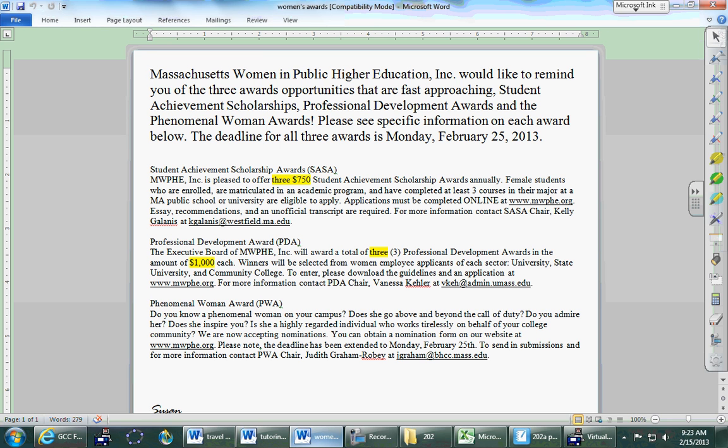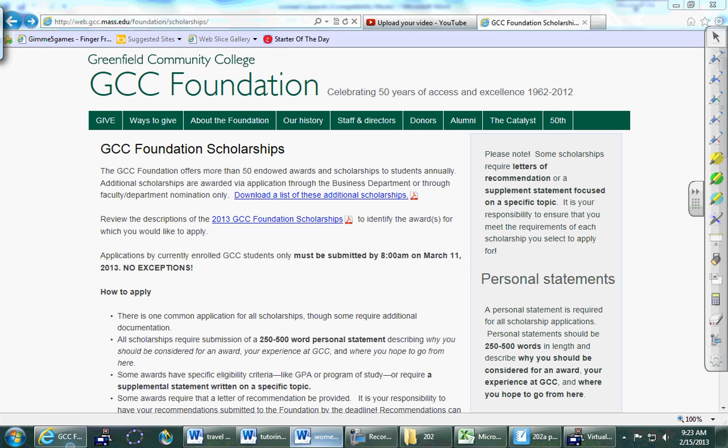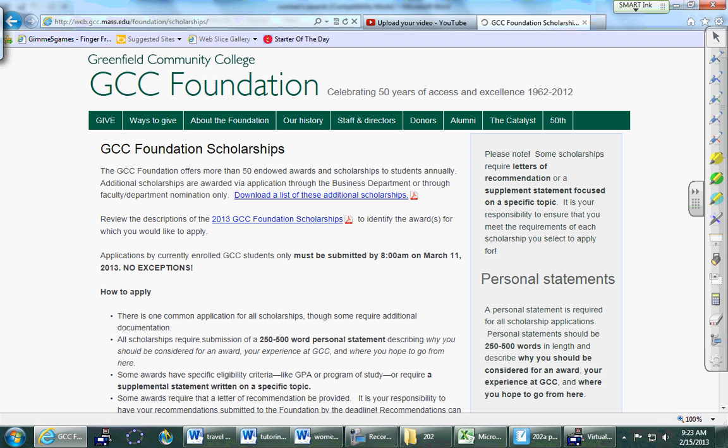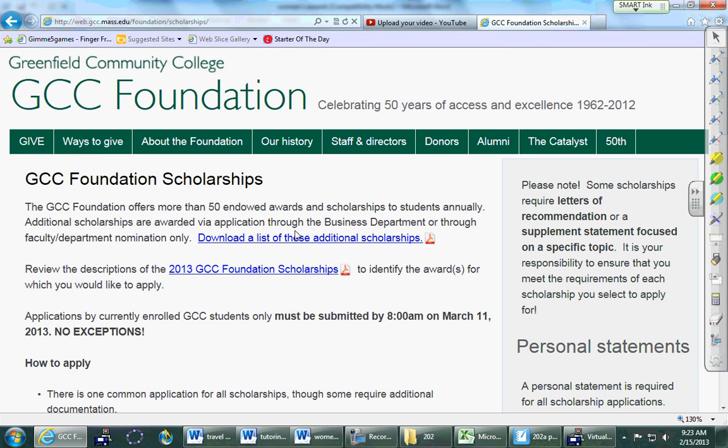Last thing, this is the most important thing for most of you. If you go to the GCC webpage, down here on the bottom right, there are scholarships available through the GCC Foundation. This is an annual thing, happens every spring here at GCC, and it is something that I encourage all of you to think about applying for. There are a list of scholarships available by department.